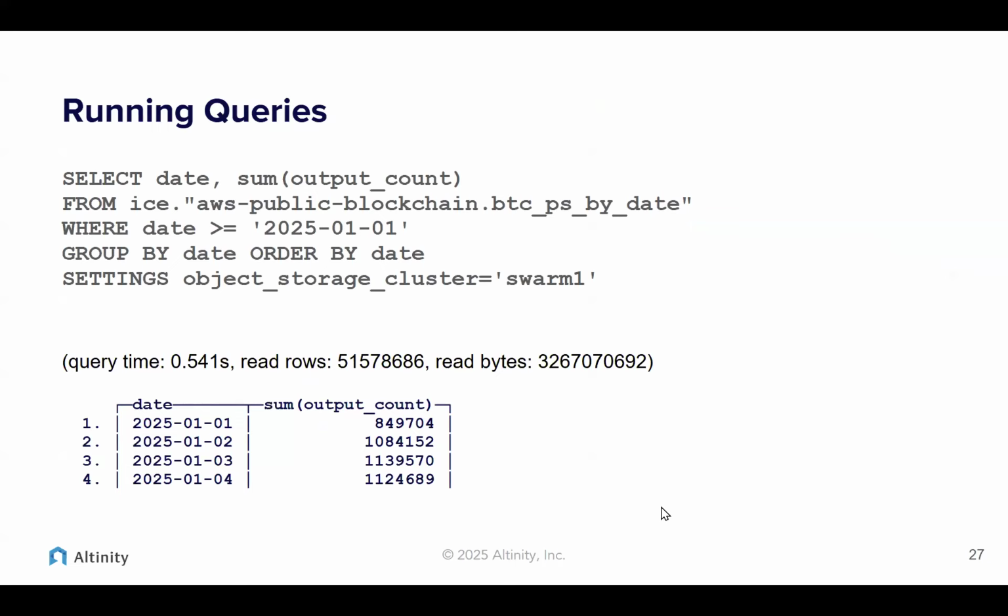As I showed in this example, running this simple query with grouping, it takes half a second on a swarm of 5 nodes. If you try to run the same query on a single node, it will run for something like 15 to 20 seconds. So this is the easy to use extension of your compute resources to access the data in Iceberg catalog.